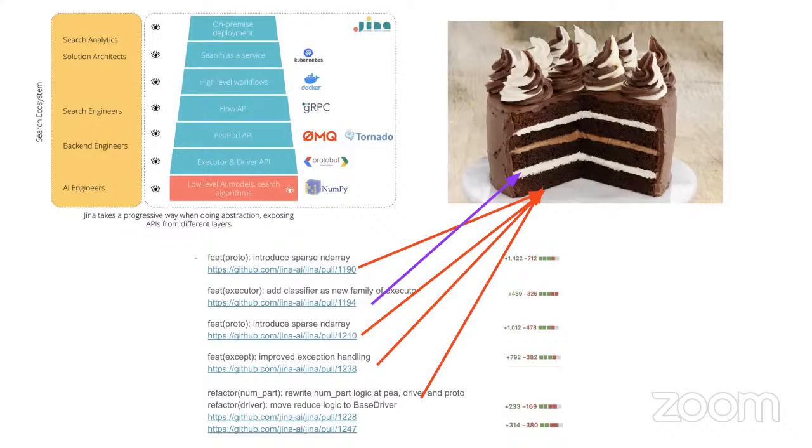So when we build this core framework, our engineers and also the community work on different levels. Some people work on the high level or intermediate level. Some people work on the low level.